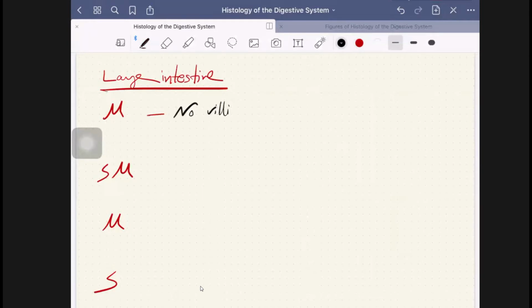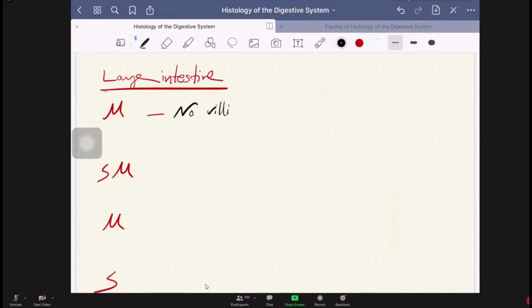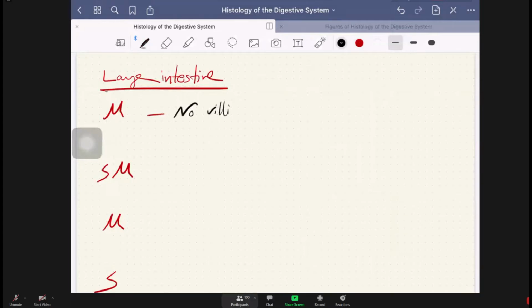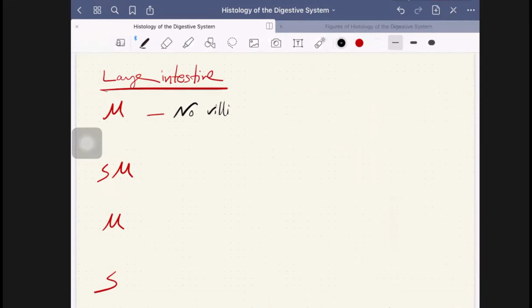Then the epithelial lining is simple columnar with microvilli, the same. But in the intestinal glands of the large intestine, the number of goblet cells will be much more. So the more distal you go towards the digestive tract, the number of goblet cells will be increasing, and the amount of lymphoid tissue will be increasing.